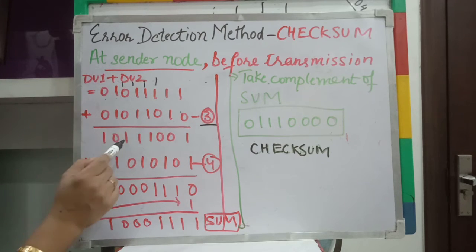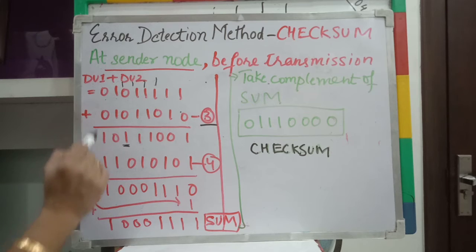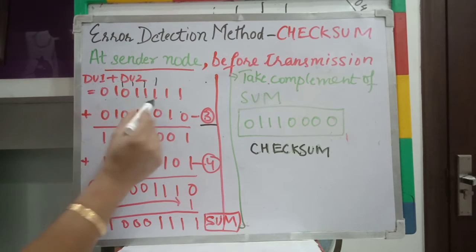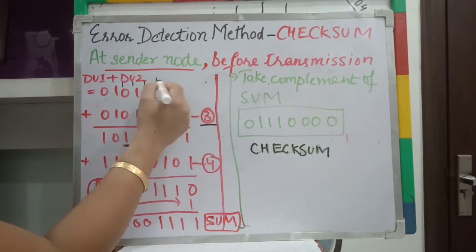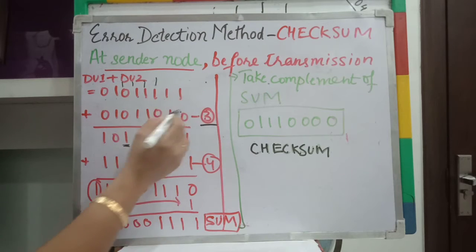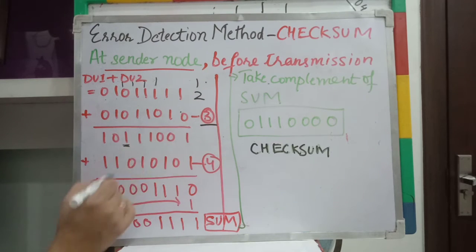So that's why here we have 1. 1 plus 1 is 0 and again carry 1. So this is the addition of data units 1, 2 and 3.